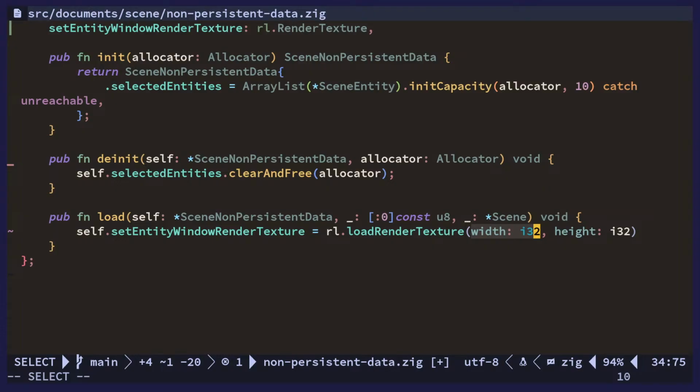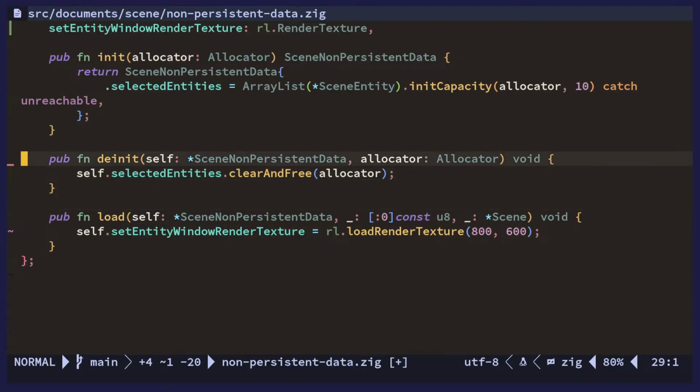And the size we don't really have. Let's just hard code it for now. Actually, let's have it equal, because you might be larger or smaller than the actual window. We don't really know. So let's do that, and yeah, that's where we load it.